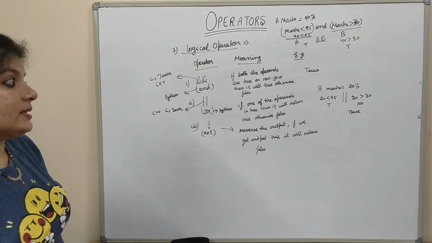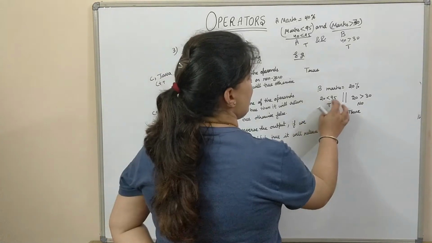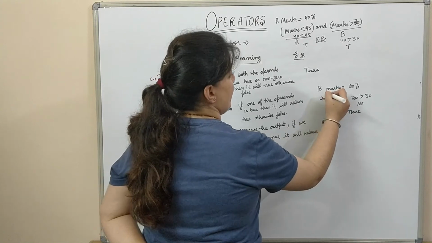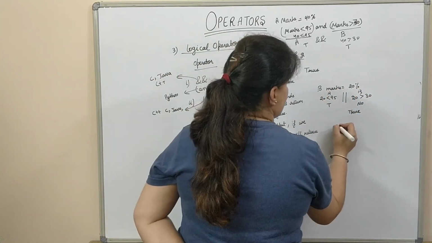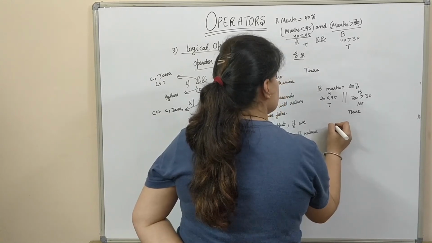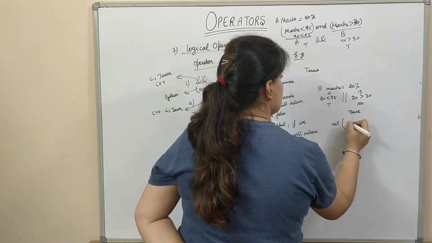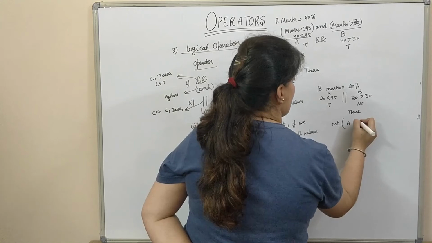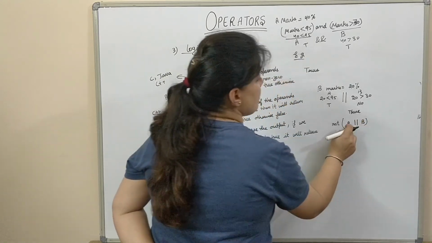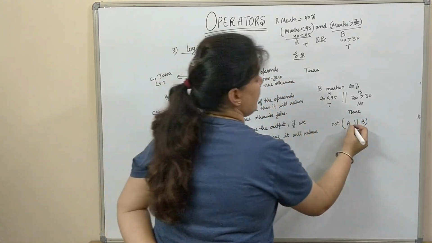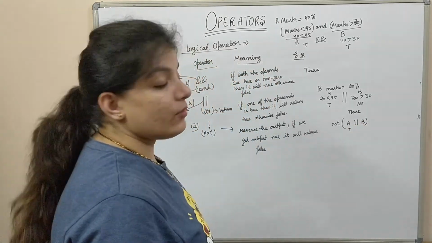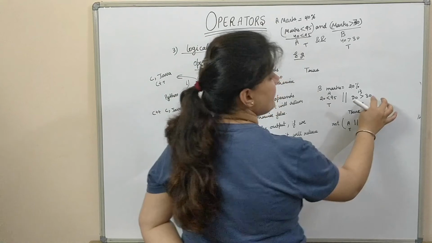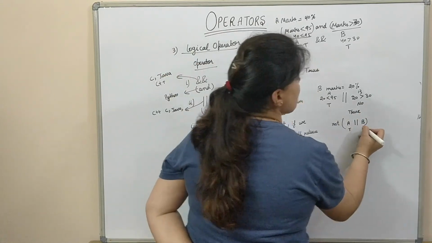So consider an example. Here this is your operand A, this is your operand B. I am writing here not (A or B). So what is the value of A? A value is true. And what is the value of B from this condition, like 20 is greater than 30? No. So it is false.